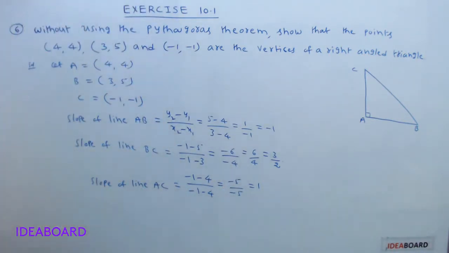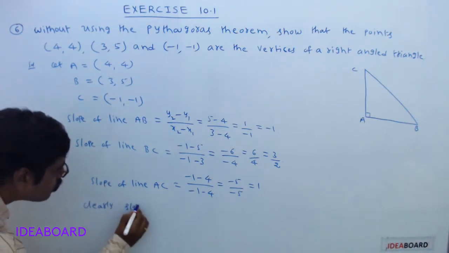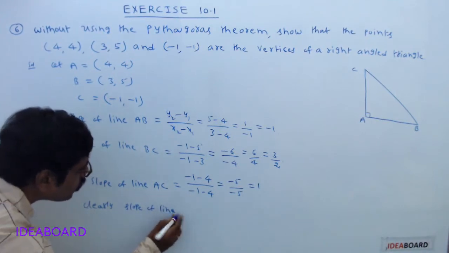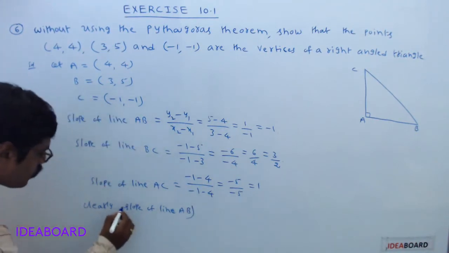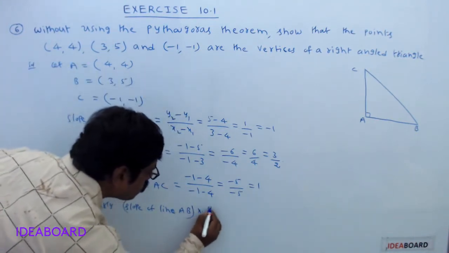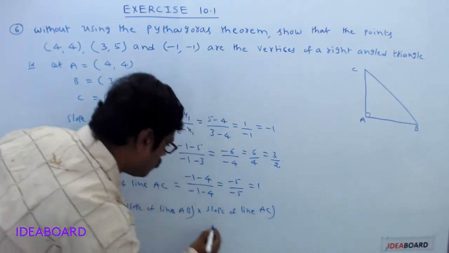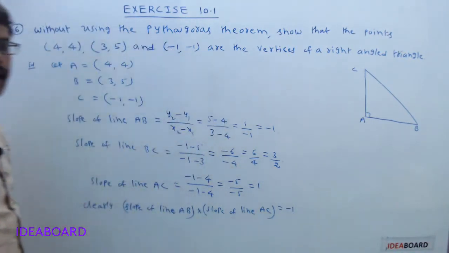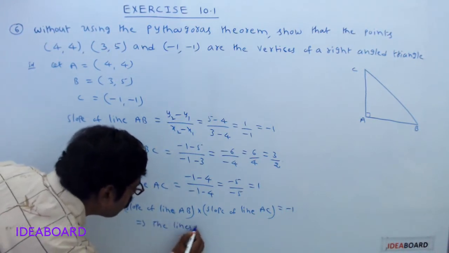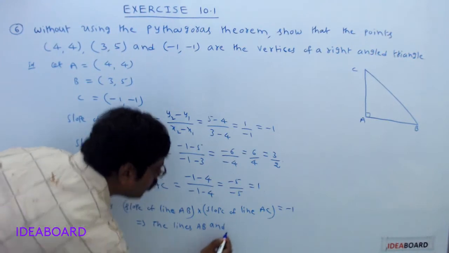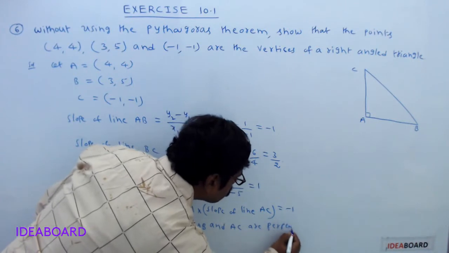So write down the conclusion part. So here slope of line AB into slope of line AC equals to minus 1. So it means the lines AB and AC are perpendicular.